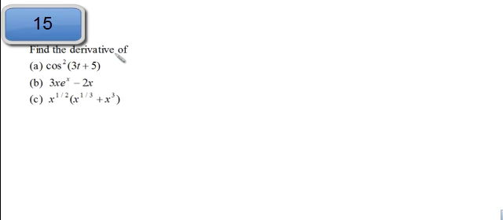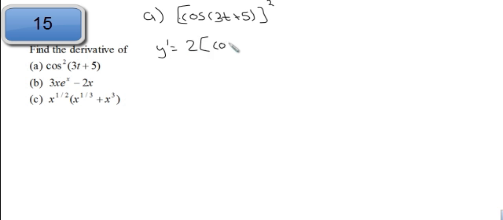Okay, 16, find the derivative of these three. So I can rewrite A as cosine of 3t plus 5 to the 2nd power. So the derivative would be 2. We're using the chain rule. Everything on the inside stays exactly the same. Subtract 1, so I get to the 1st power, times the derivative of cosine.